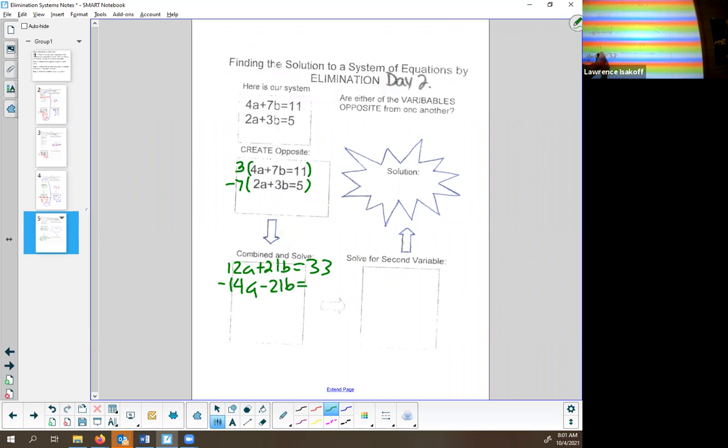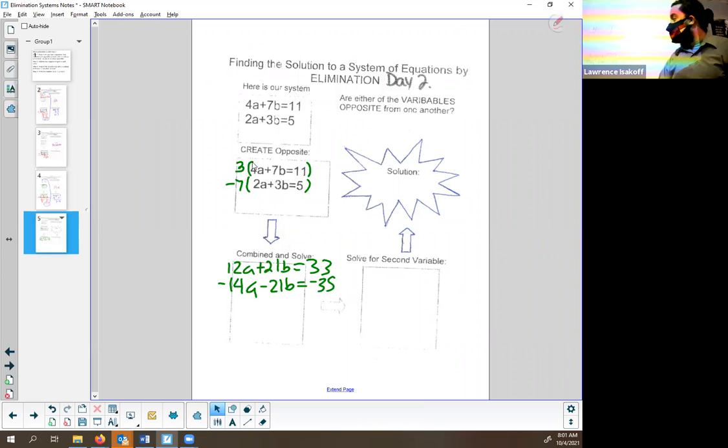Now I got those opposites, and -7 times 5. Oh, times 5. 35. It's all good. We're all waking up. I get it. Let's add them together now.